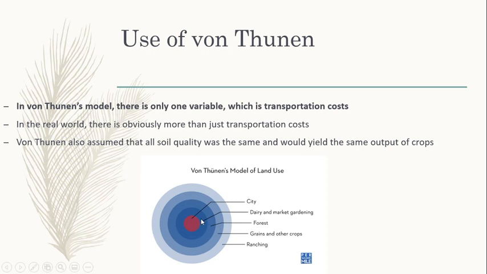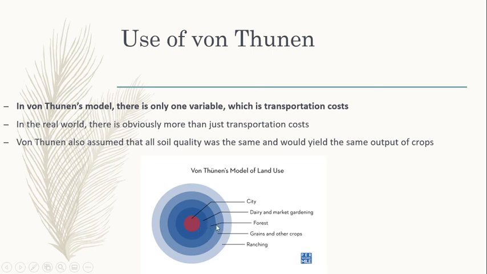Again, you're also using smaller plots of land. This would be intensive agriculture, small plots of land with lots of features like irrigation systems, fertilizers. You're going to be investing a lot more money in your small plot of land than the farmer who lives out here would be investing in their large plot of land.